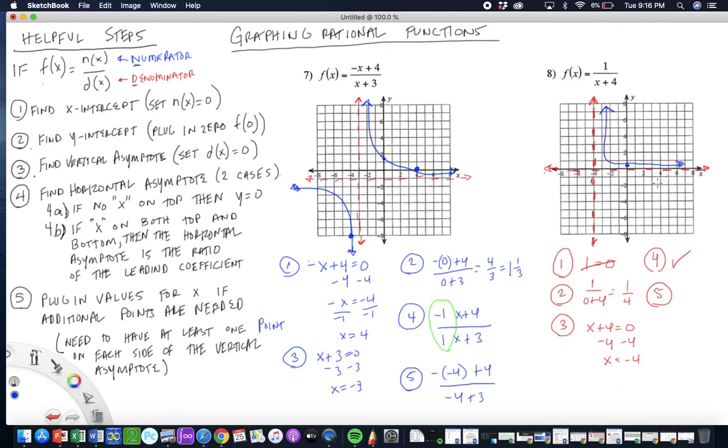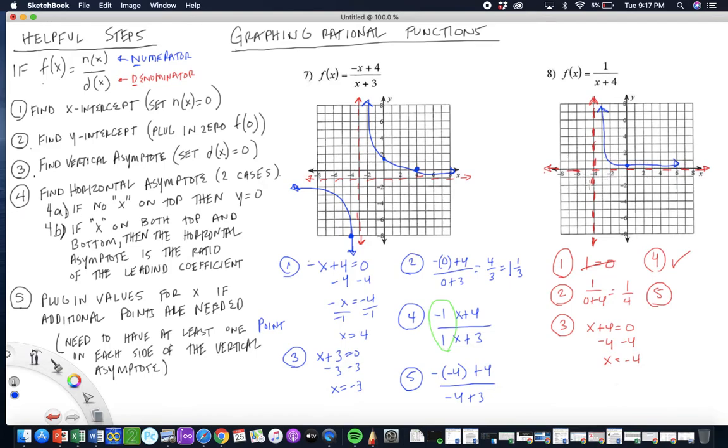I probably could draw a better line. Let's see if I can do a better job. That looks a little better. So the graph is on this side, riding along here.